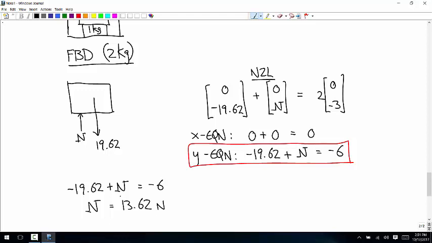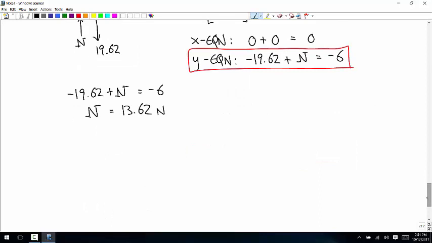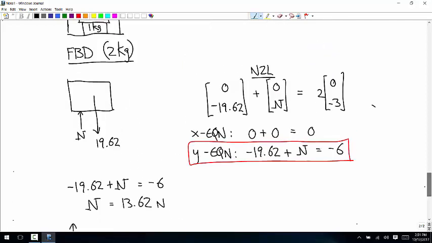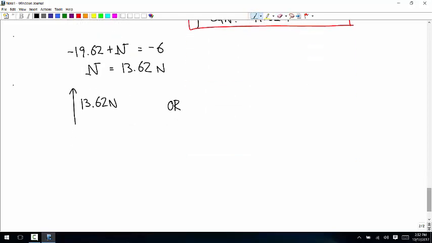And so to write that as a force vector, you can write 13.62 newtons like that. Or you can take that value, plug it back into the force vector that we have in Newton's second law, and you get 0, positive 13.62.